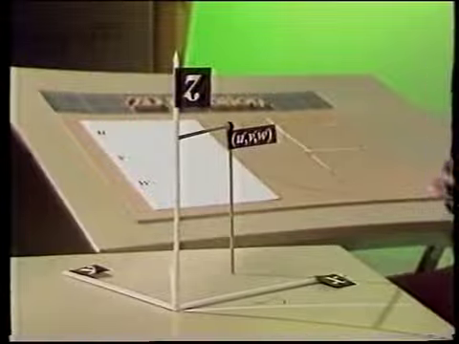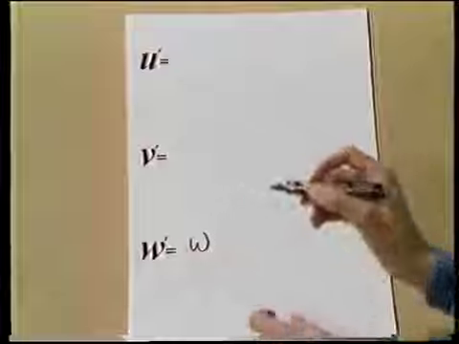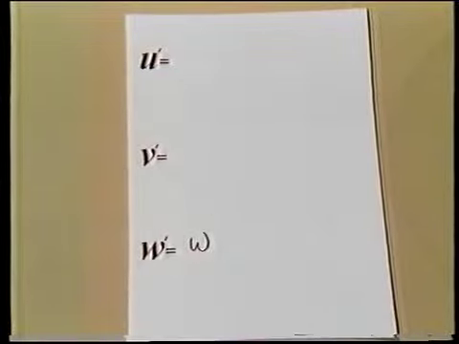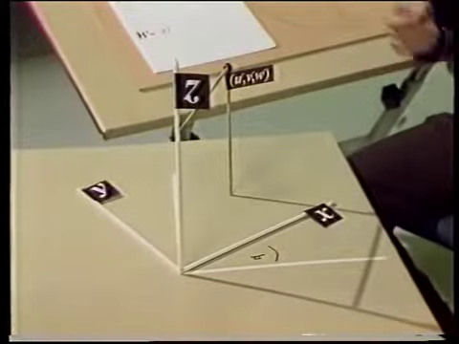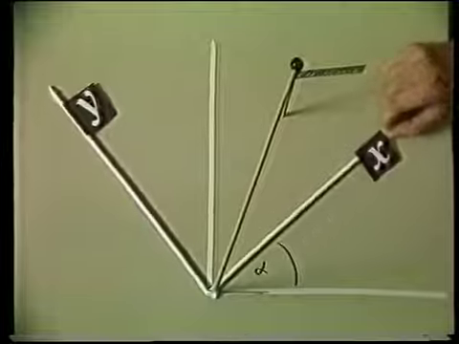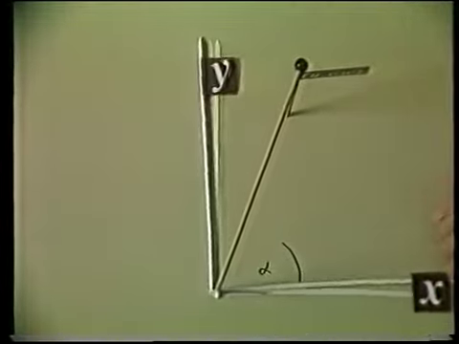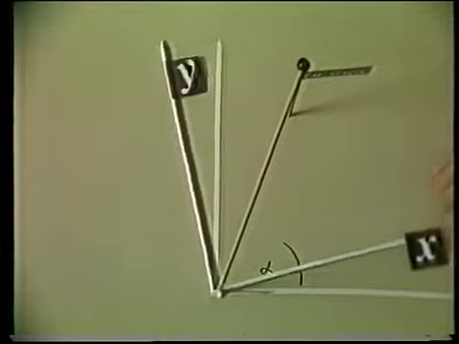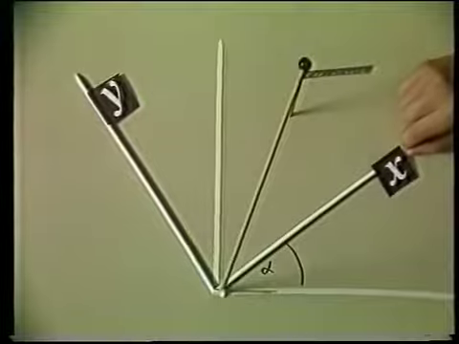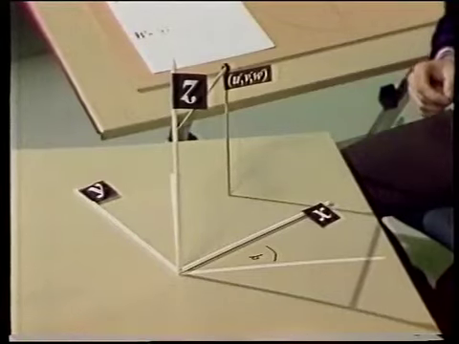So, w dashed is simply equal to w. What about the x and y coordinates? We'll look at the effect of the rotation from above. From here, you can't see the z-axis, and the rotation just looks like a 2-dimensional rotation of the x and y axes. And we've met this before.